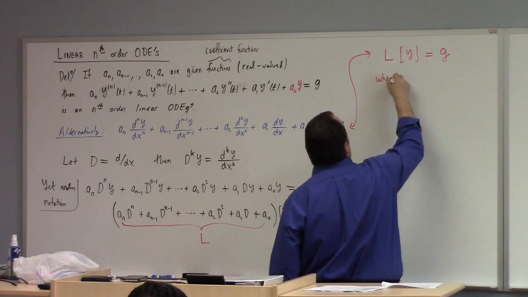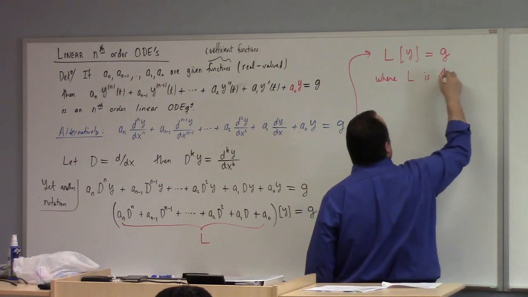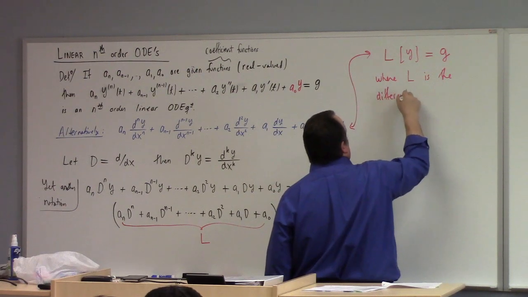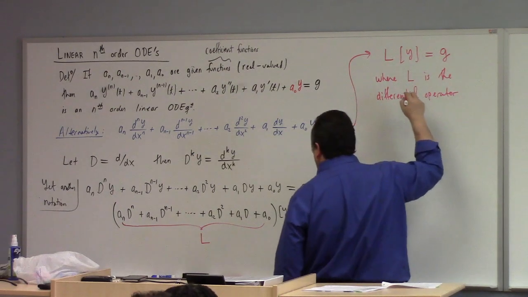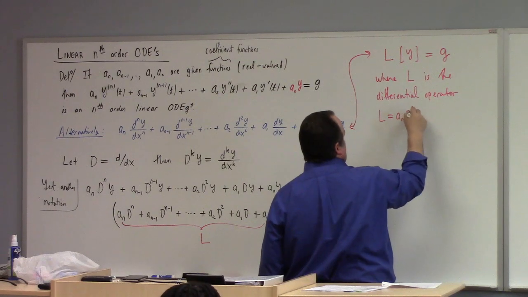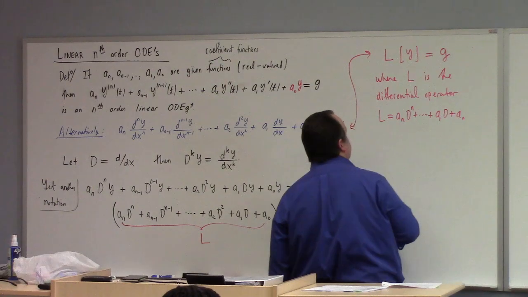Where L is the differential operator a_n D^n plus dot dot dot plus a_1 D plus a sub naught, all right?